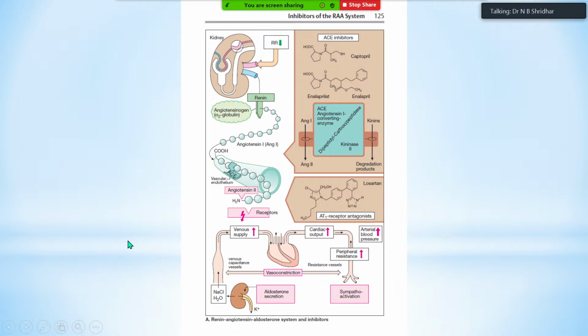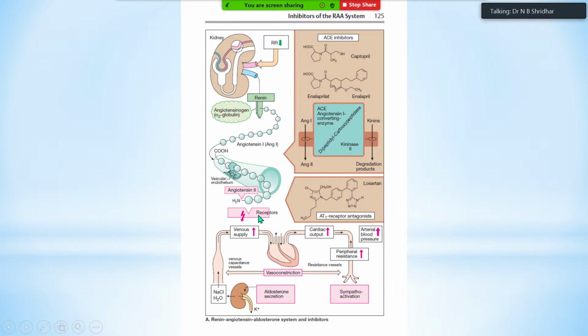The aldosterone secretion increases the output of potassium. Then the sympathetic stimulation causes increased peripheral vascular changes, and because of this the cardiac output will be increased. Of course, the venous supply is also increased.